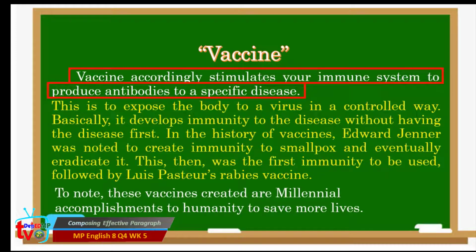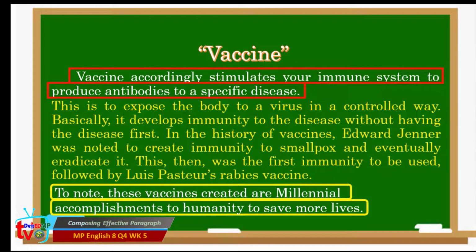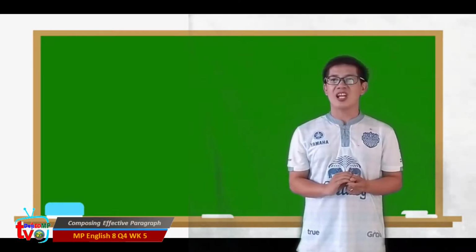In the history of vaccines, Edward Jenner was noted to create immunity to smallpox and eventually eradicate it. This then was the first immunity to be used, followed by Louis Pasteur's rabies vaccine. To note, these vaccines created are millennial accomplishments to humanity to save more lives is the concluding sentence. Since you are done, let us check your answer.